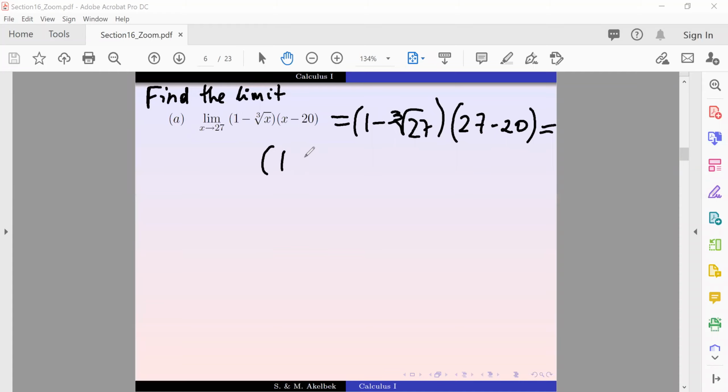So we have 1 minus 3 times 27 minus 20, which is 7. 1 minus 3 is -2 times 7. The final answer is -14. The limit exists and we got the value, that means we are done. The limit exists and the value is negative 14. Questions?